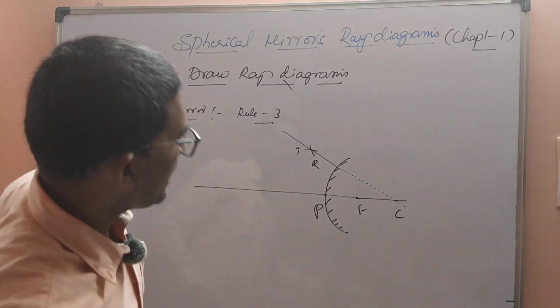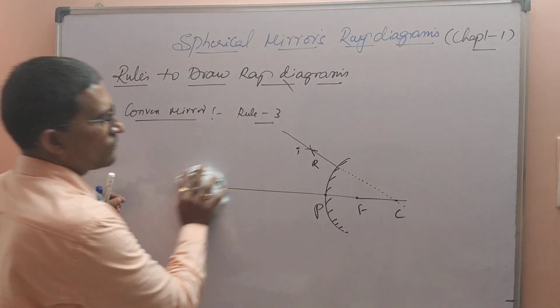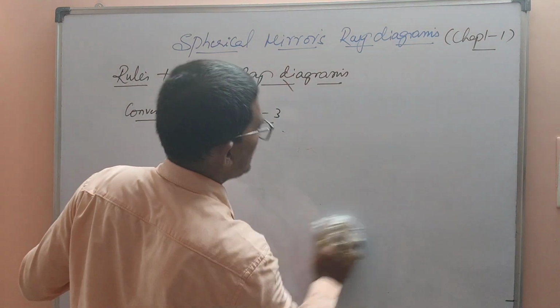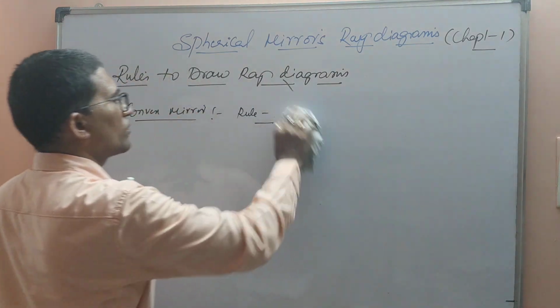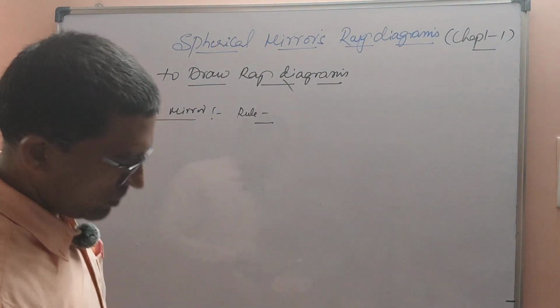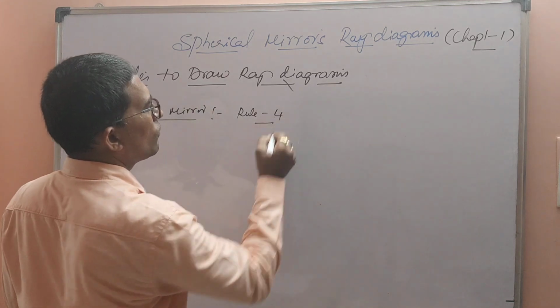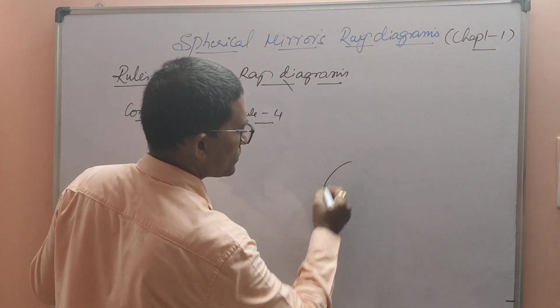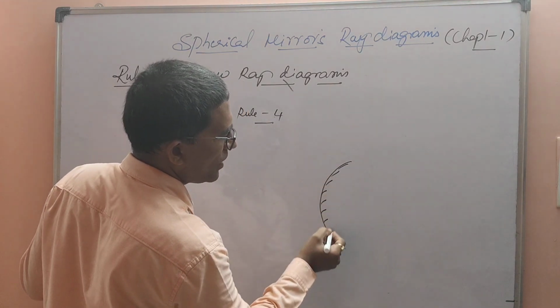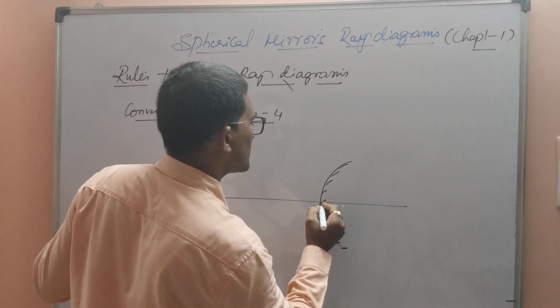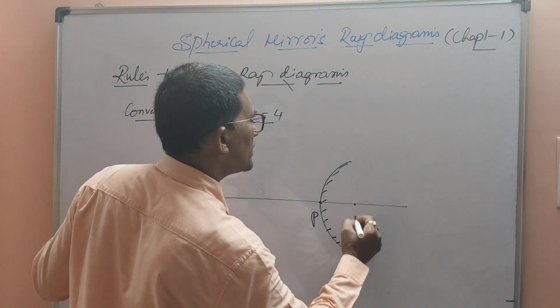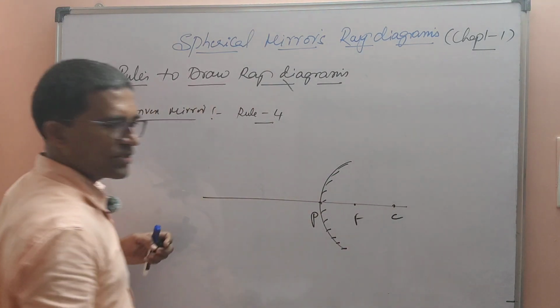Okay, next one, the last rule in case of a convex mirror, that is rule 4. Now, this is a convex mirror, and it is the pole, and it is the focus, and it is the center of curvature.